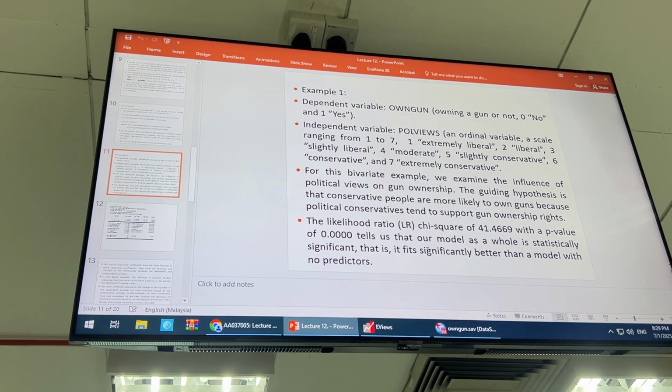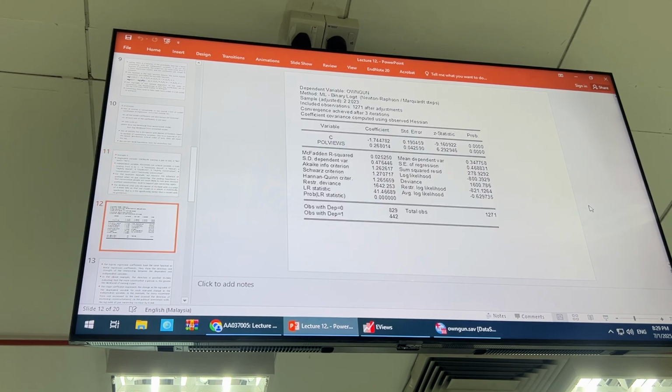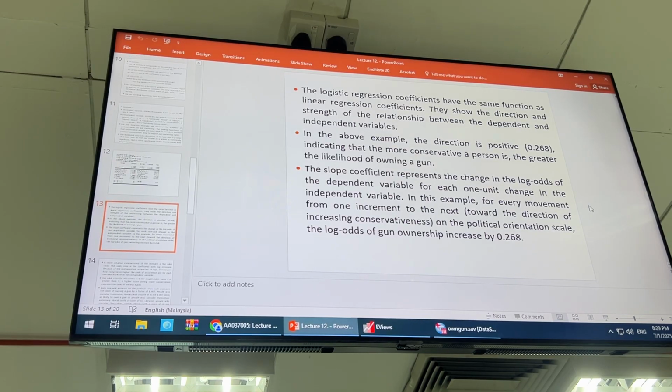So the likelihood ratio chi-square of 41.4669 with a p-value of 0 tells us that our model as a whole is statistically significant. That is, it fits significantly better than a model with no predictors. The logistic regression coefficient has the same function as a linear regression coefficient.